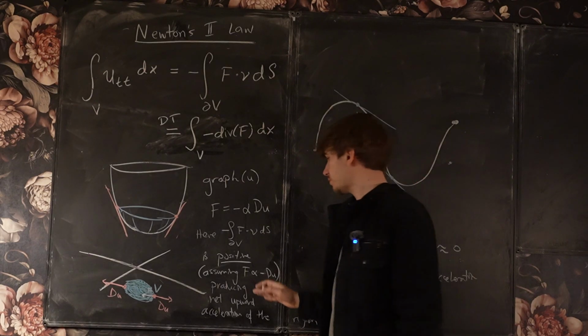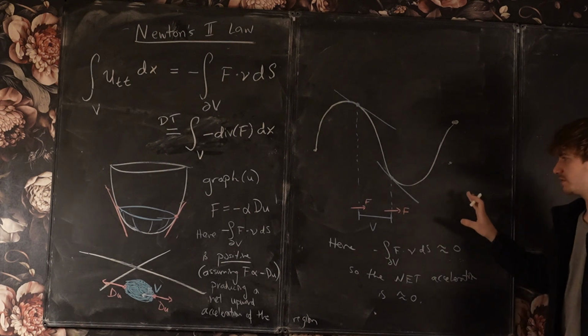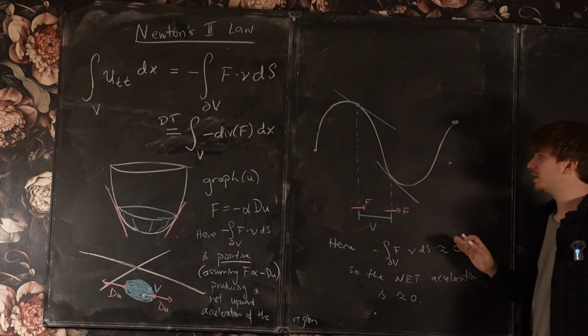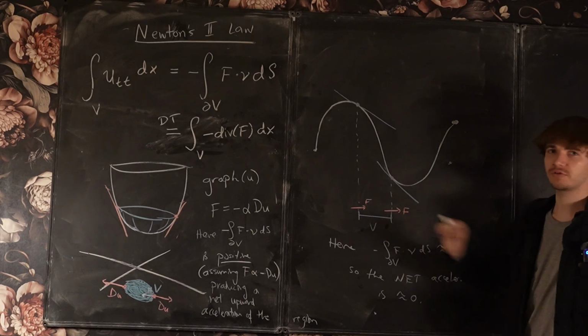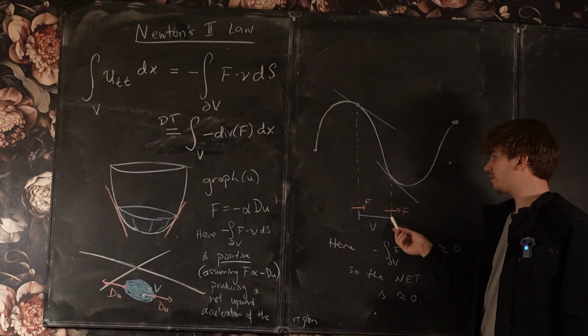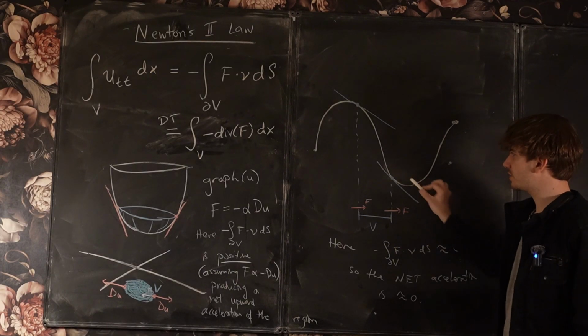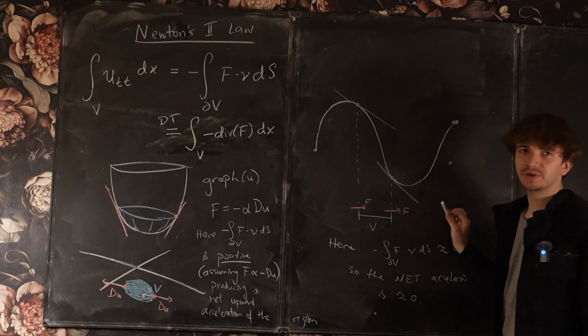Okay, so here's another geometric example now in 1 dimension. So we're just looking at another region V. This time our region V is just an interval, and we want to understand the force at the boundary of this interval based on the gradient. So we know the gradient of this function is the direction of steepest ascent.